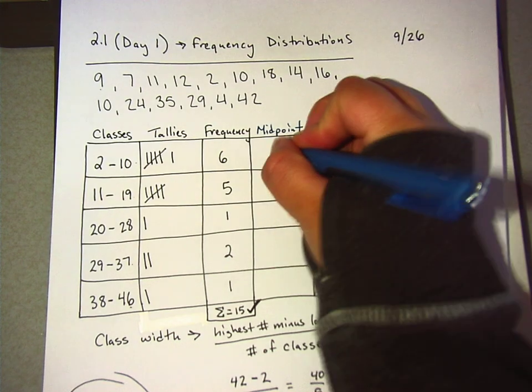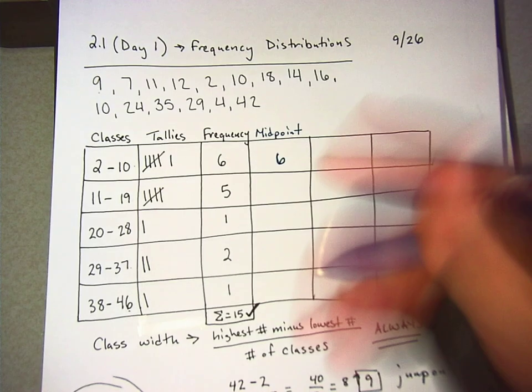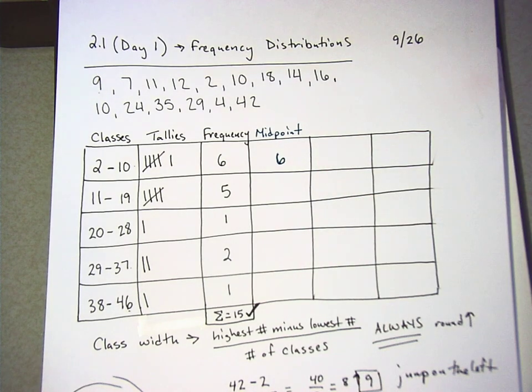But there's 2 ways you can do this. One is to think about it like you just did. But there's also a formula for this. Do you know how to find a midpoint? You learned this in any other class? Just add the 2 and divide by 2.